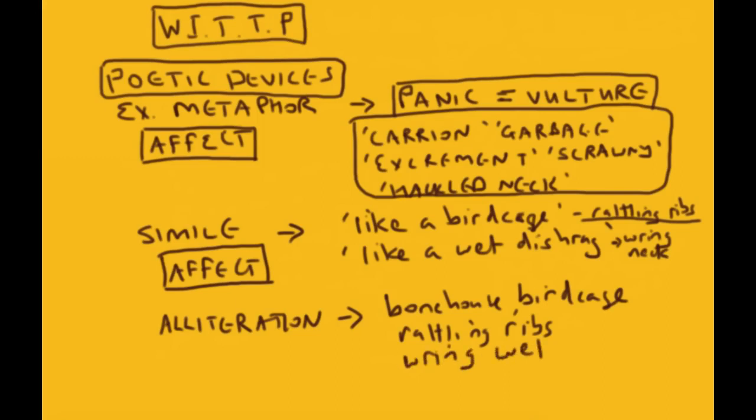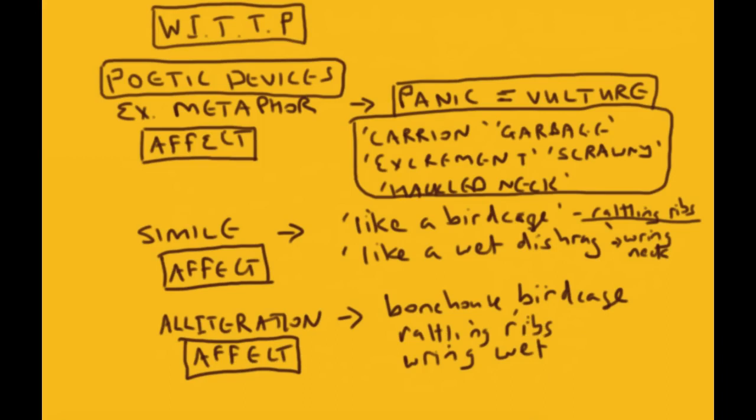and wet. So there's some alliteration there, and the effect of alliteration, as we've mentioned before, is to draw attention. When a poet uses alliteration, it's to draw attention to certain parts of the poem, certain word choices.